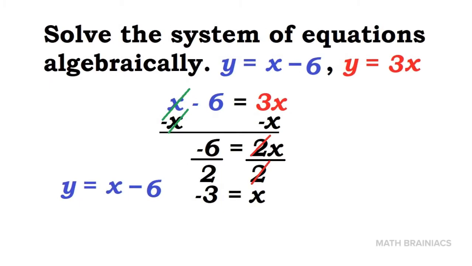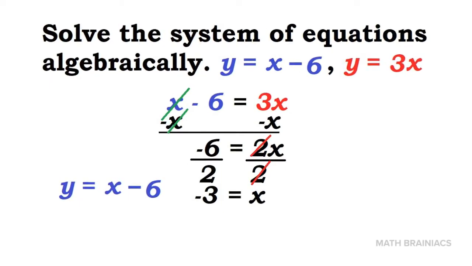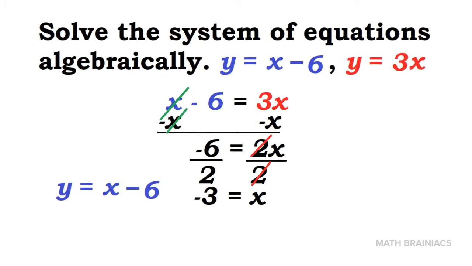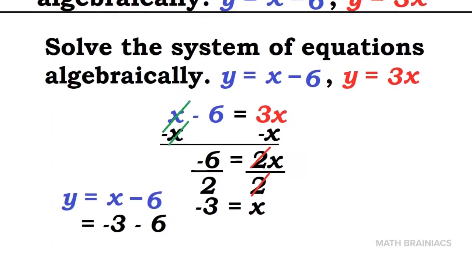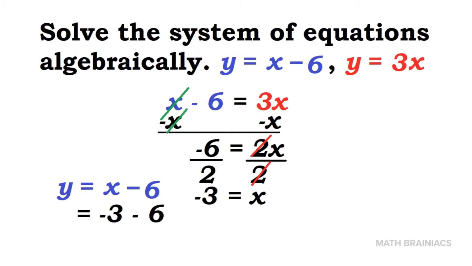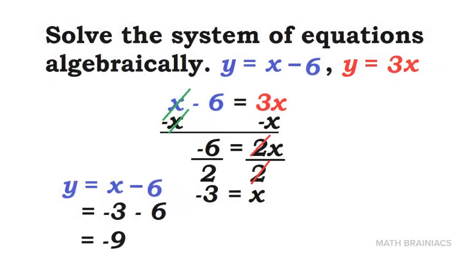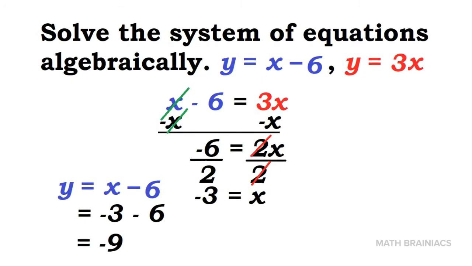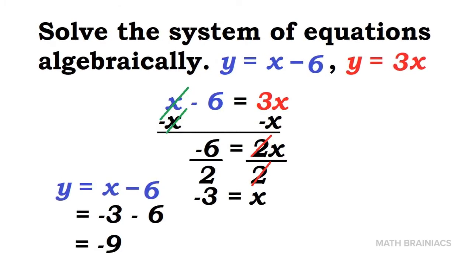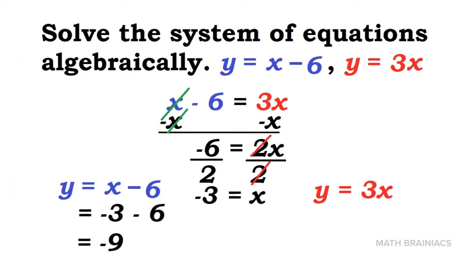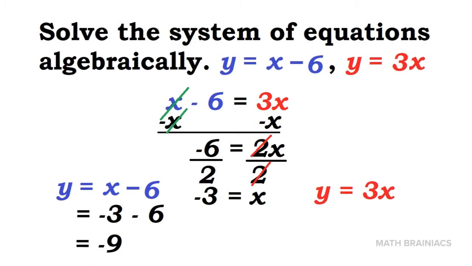Let us substitute the value of x in the first equation so that we can solve for y. The first equation is y is equal to 6 minus x. On substituting x in the equation, it will give us 6 minus 3, and we can come up with 3. Accordingly, y is 3. Let us try to substitute the value of x on the second equation, which is y is equal to 3x.